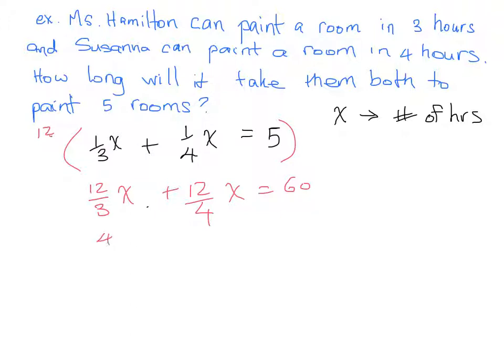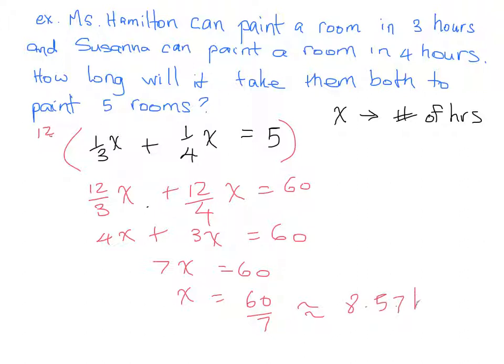We have 4x plus 3x is equal to 60. 7x is 60. And so the time it takes them both to paint all 5 rooms is 60 over 7 hours, which is approximately equal to 8.57 hours.